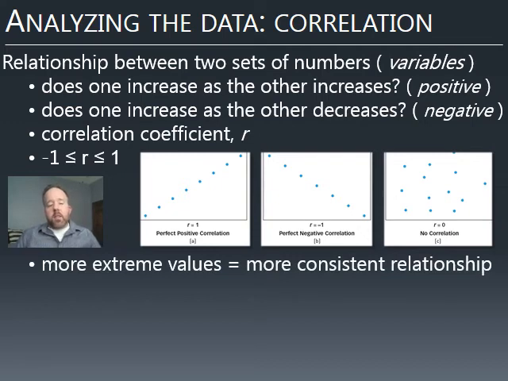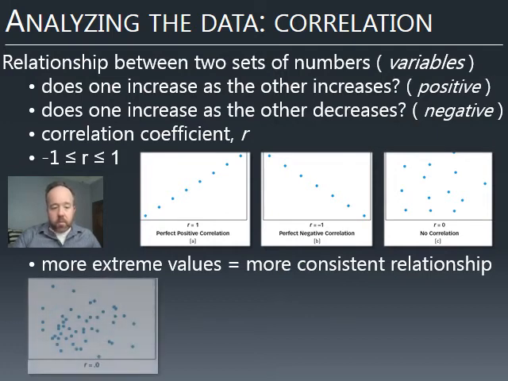The idea here is that the more extreme values of R indicate a more consistent relationship. Extreme could be negative or positive. It just depends on the nature of the relationship between the variables. Again, if you have an R of 0, no correlation. It's just sort of a cloud of points if you graph the data. There's no relationship discernible.